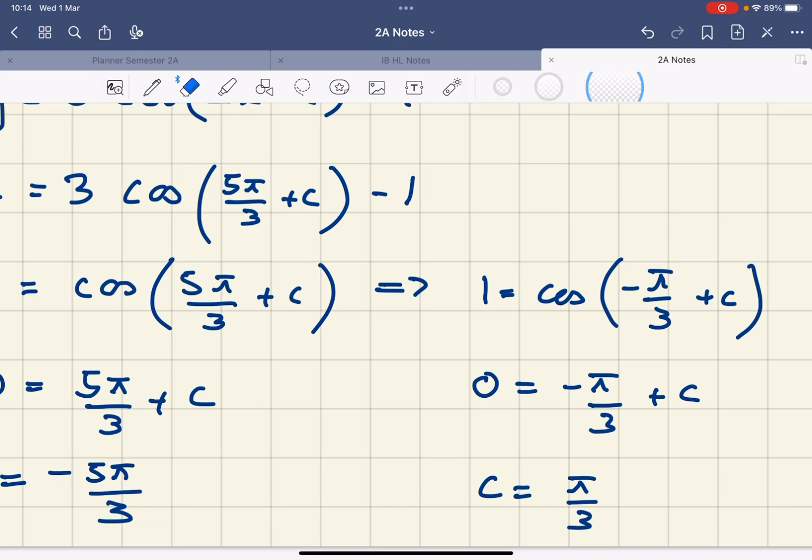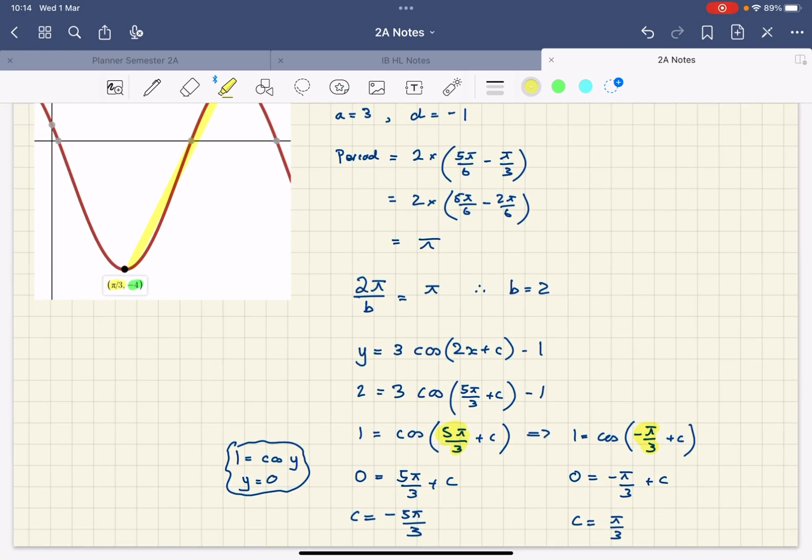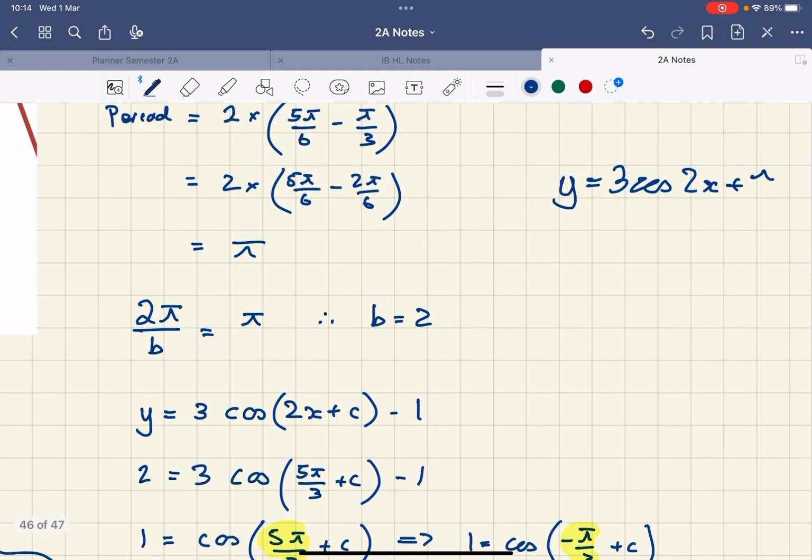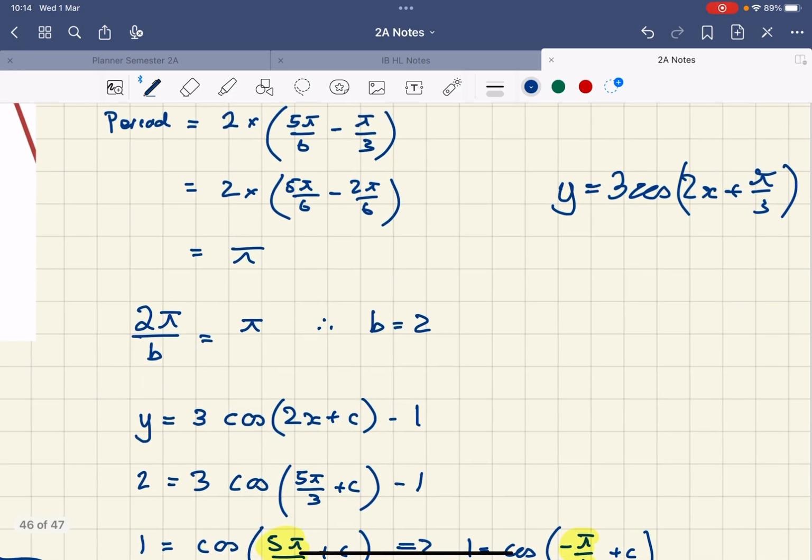And that works because I'm thinking about this part here and this part here giving me exactly the same answer. Think about your unit circle and your angles between 0 and 2 pi. So actually my final answer, if you got it, is y equals 3 cosine (2x plus pi over 3) minus 1. The tidiest answer.